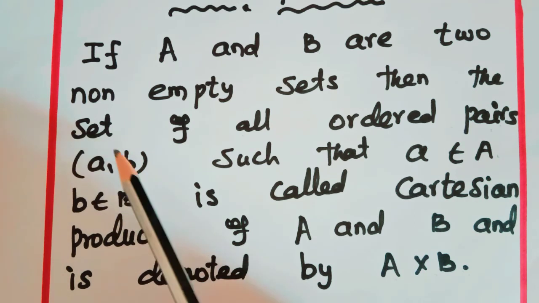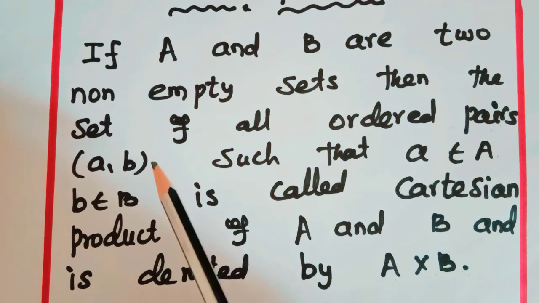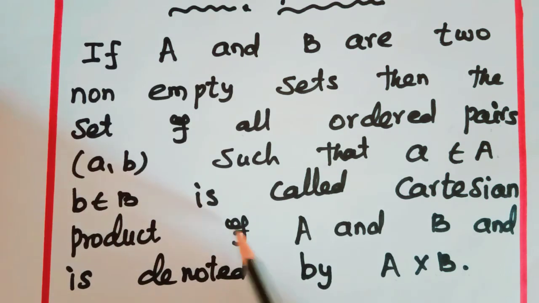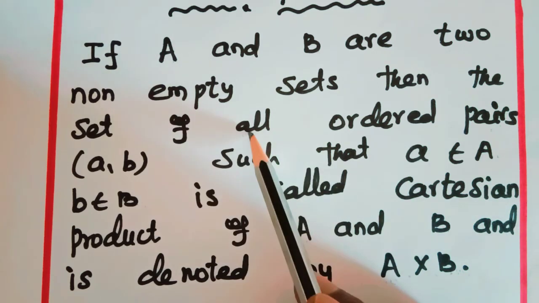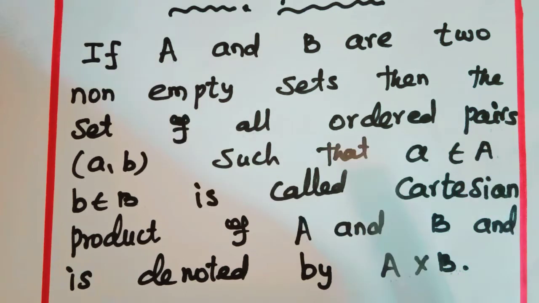This collection of all ordered pairs is called the Cartesian product of sets A and B and is denoted by A cross B. You can read it as A cross B.